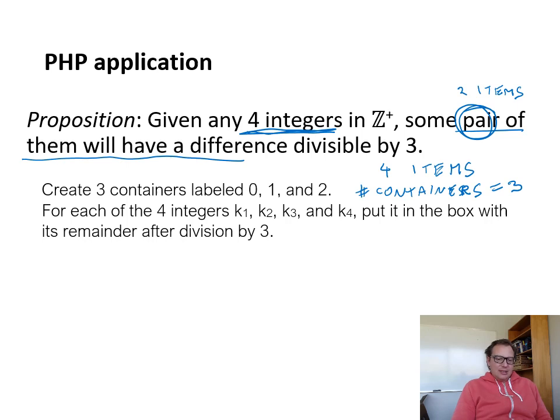And now we have to decide how we are going to distribute 4 positive integers, k1, k2, k3, k4, into these boxes or containers. And we are going to do that based on the remainder that we have after division by 3.